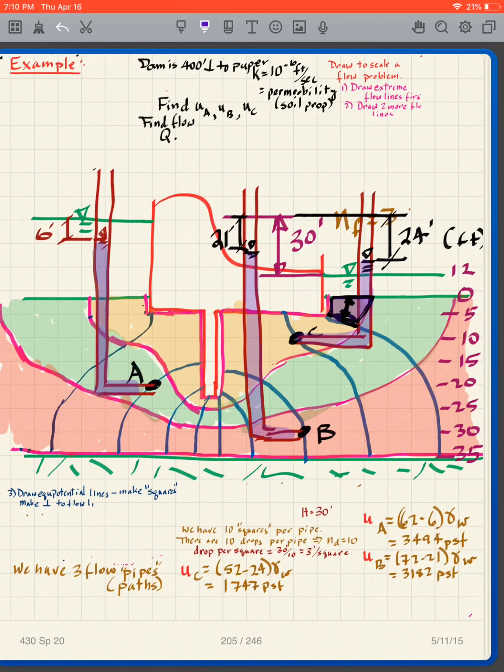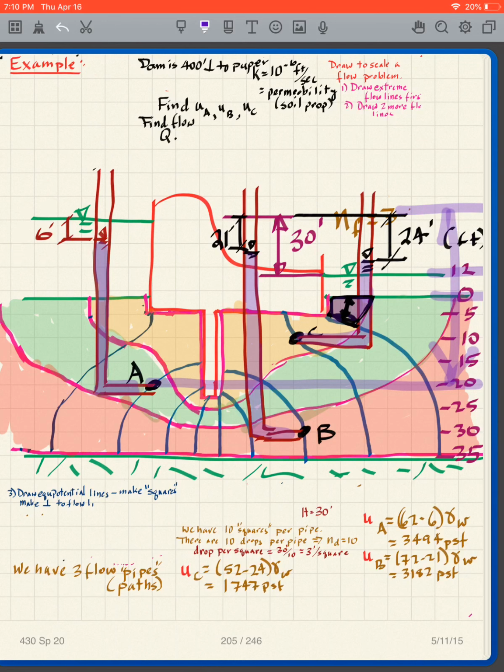I look at point A, and if I look across here, A is at 20 feet. This is 0, this is 12, and then I go another 30 up to here. So I have to do all of that. This whole distance is going to be 20 plus 12 plus 30. 20 plus 12 is 32, plus 30 is 62, and I subtract off 6 feet.